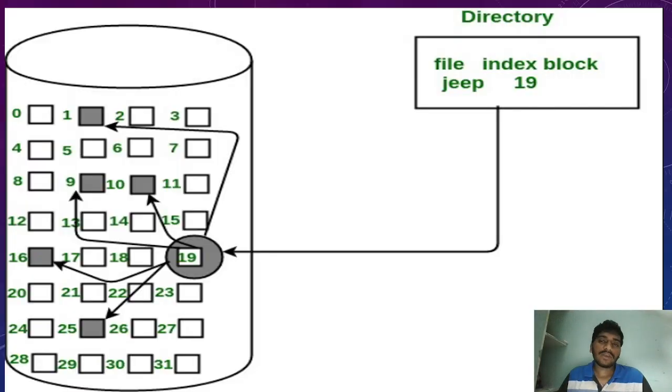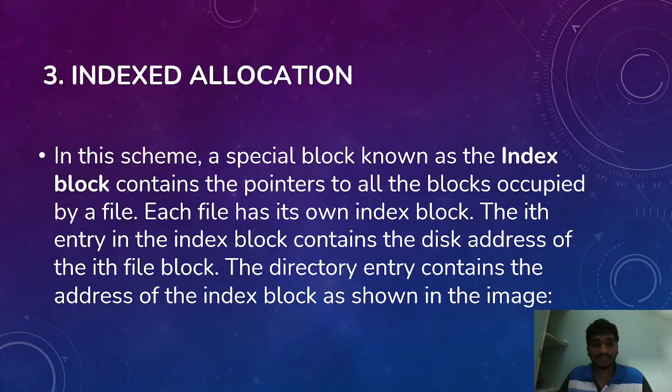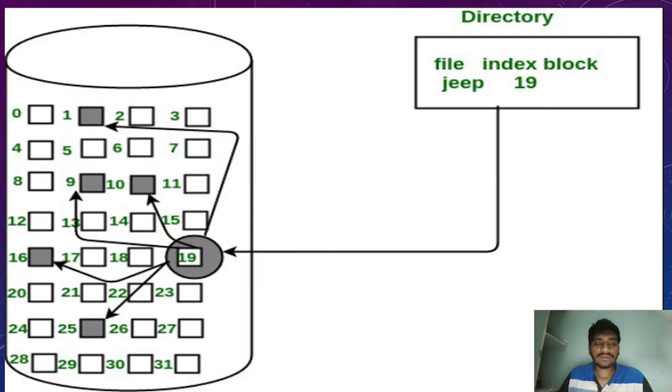By observing the image, the main index block contains a pointer that identifies the other blocks which are connected to the main block, known as the index block. In the directory we are going to see a file name and index block.